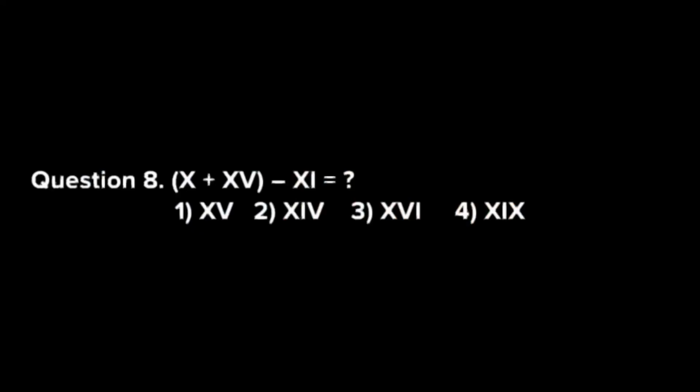Question 8. X plus 15 minus 11 equals: 1: 15, 2: 14, 3: 16, 4: 19.